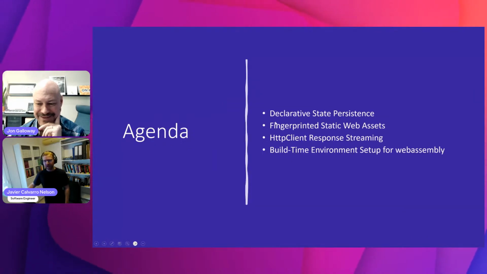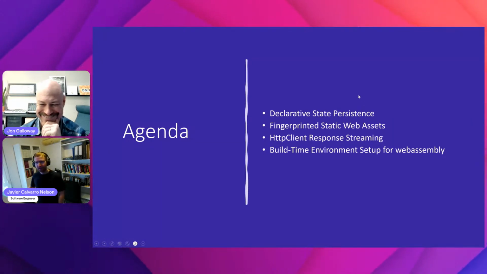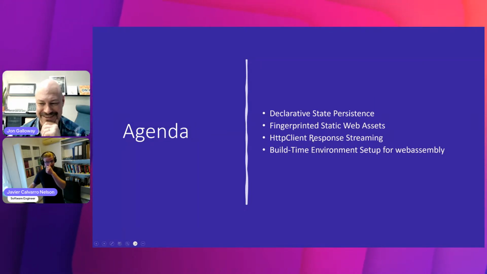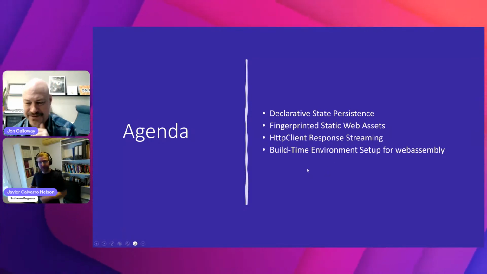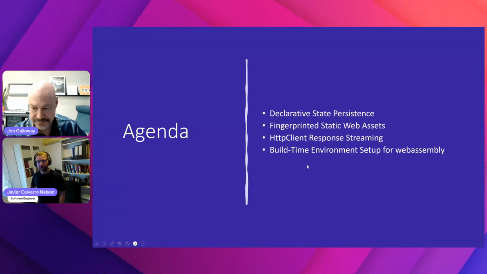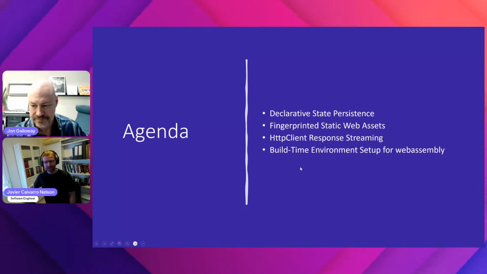We're going to talk about declarative state persistence, which we showed last time on the community stand-up, and which is now shipping in Preview 3 in a few days. We're going to talk about fingerprinting static web assets for standalone WebAssembly apps, HTTP client response streaming, and setting up the environment at build time for Blazor WebAssembly standalone apps.